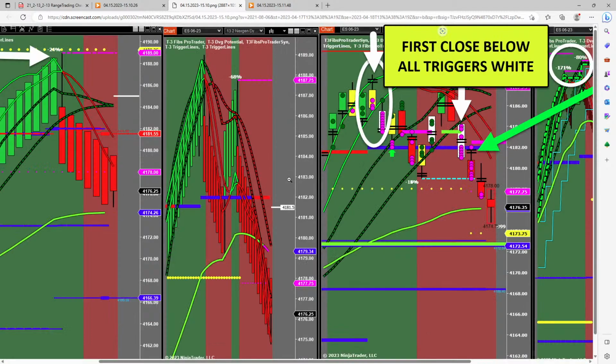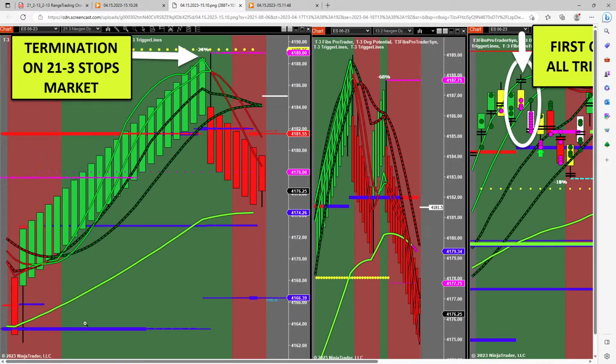So again, the first most important thing is that you have termination conditions on all of your charts. So again, 4189, 1-to-1s on the 21-3 chart. Everybody okay with this? Termination. And you don't really get a termination on your other charts right away, and you don't really expect one.